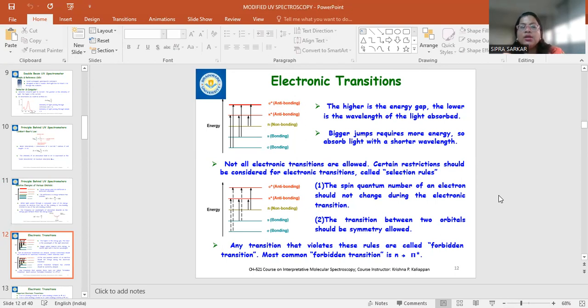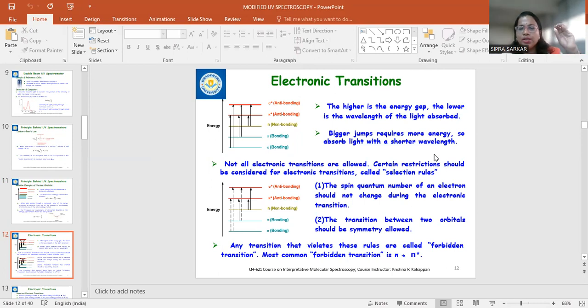That means light having a lower wavelength will be absorbed, and as a result its energy will be higher. We know shorter wavelength light has a higher frequency. So bigger jumps require more energy, so they absorb light with shorter wavelength.